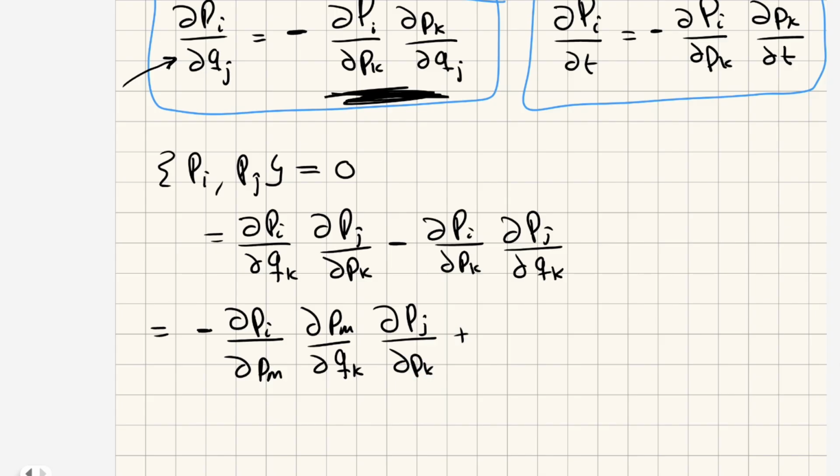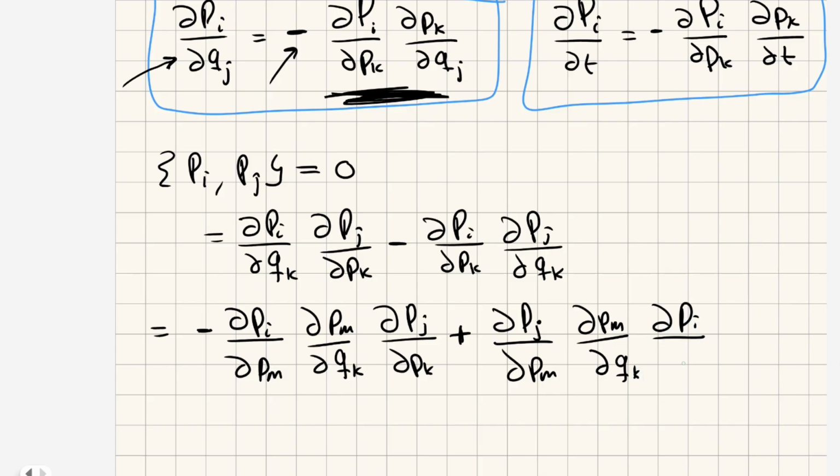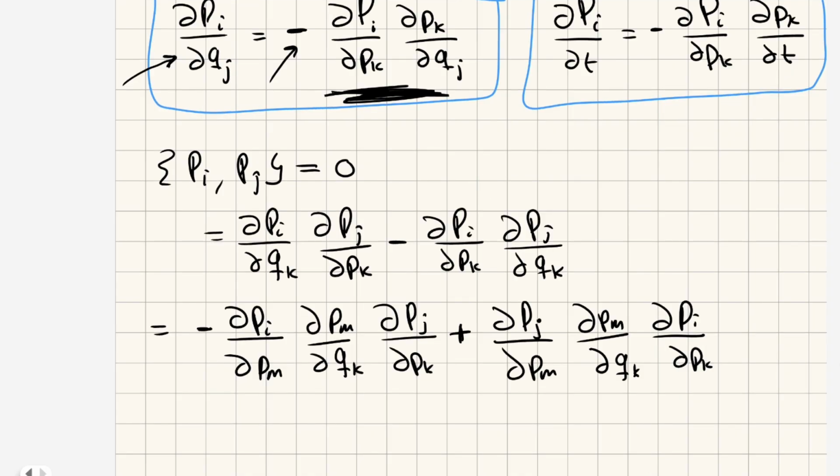And if we do the same thing with this minus and this minus, we are going to get a plus. So this will be the derivative of Pj with respect to pm, and the derivative of pm with respect to qk, and then the derivative of Pi with respect to pk, which corresponds to this element.